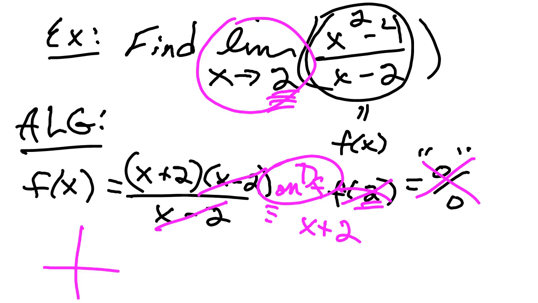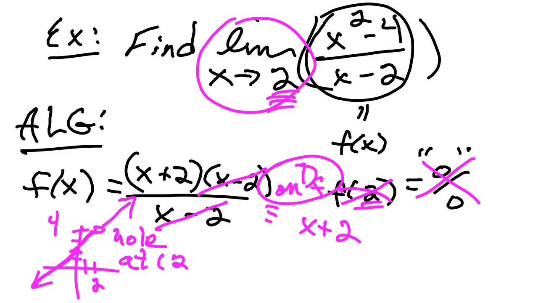So it's equivalent to x plus 2, except when x equals 2, where I would have a height of 4 that I don't hit. This is just a line graph with a hole at (2, 4).